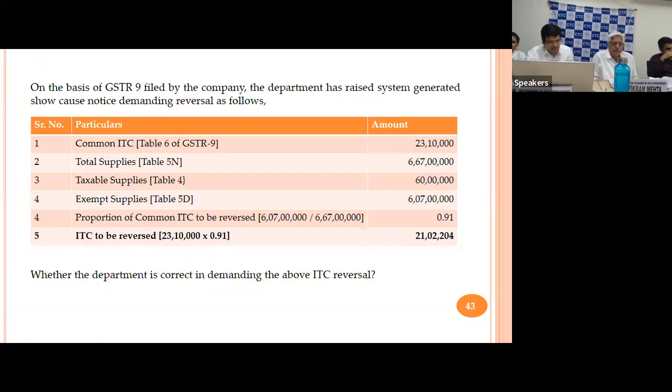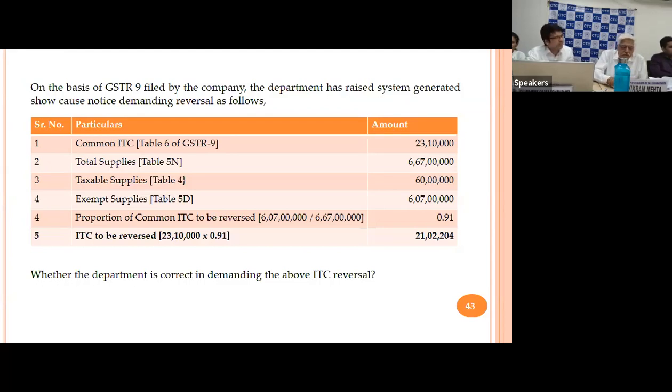the common ITC of 23.10 lakhs is appearing in table 6 of GSTR-9. Total supplies are appearing in table 5 as 6 crore 67 lakhs. Over here, one dispute can be there whether this sale of securities 2 lakhs will come or not, assuming that the company has shown that as an exempt supply, 2 lakhs. Because that was our first question itself where we discussed that it is not required to be shown.